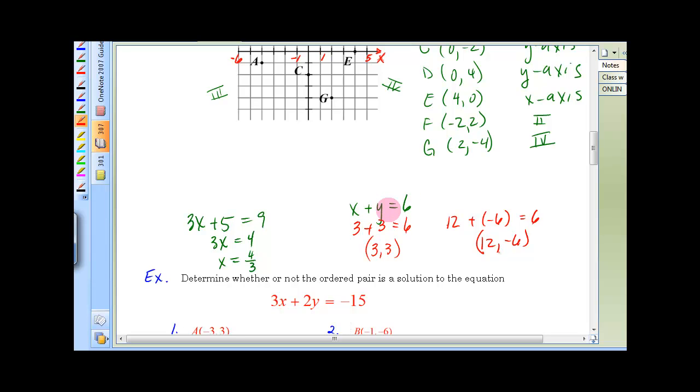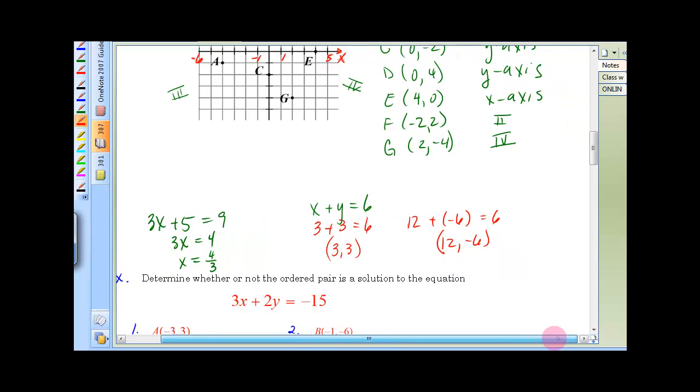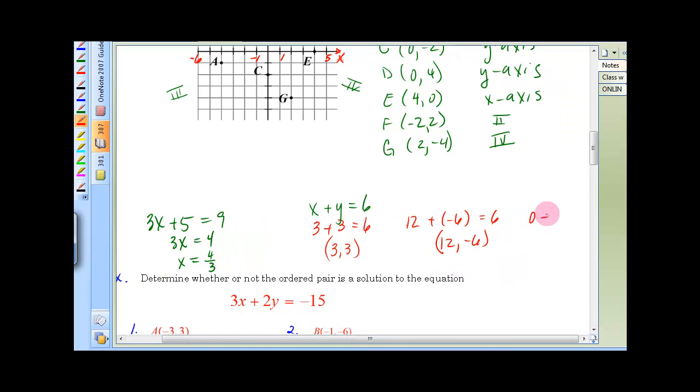And I don't know, let's try one more. Let's say I wanted to add 0 plus 6 equals 6. Well, that's true also. So the ordered pair 0, 6, I can plug in for x and y and find out that that equals 6.